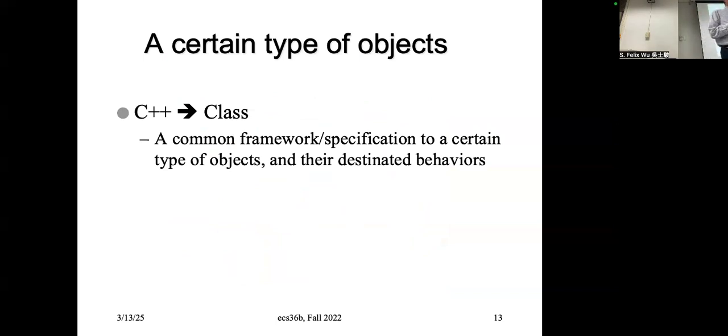I want to develop a program to deal with students. Then I have a type, which is all of you, and each object is a student. So I want to deal with a certain type of object. In C++, we call this concept a class.